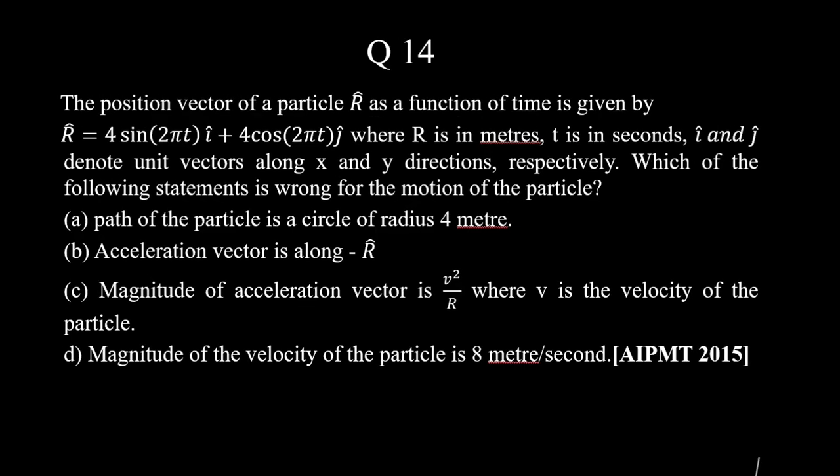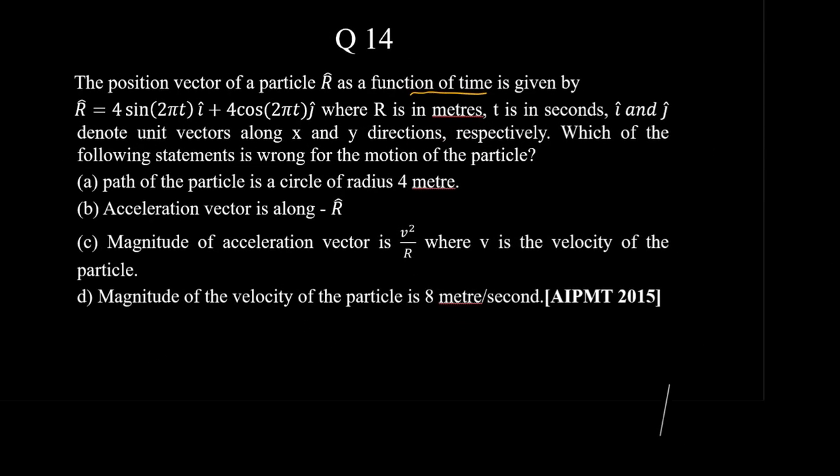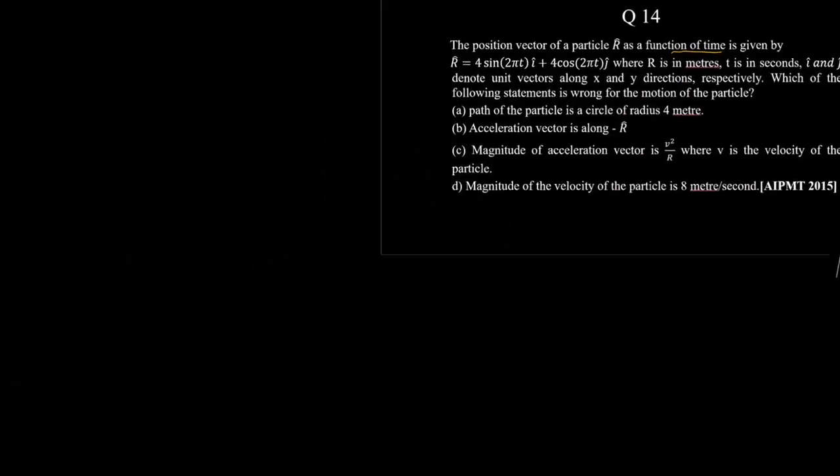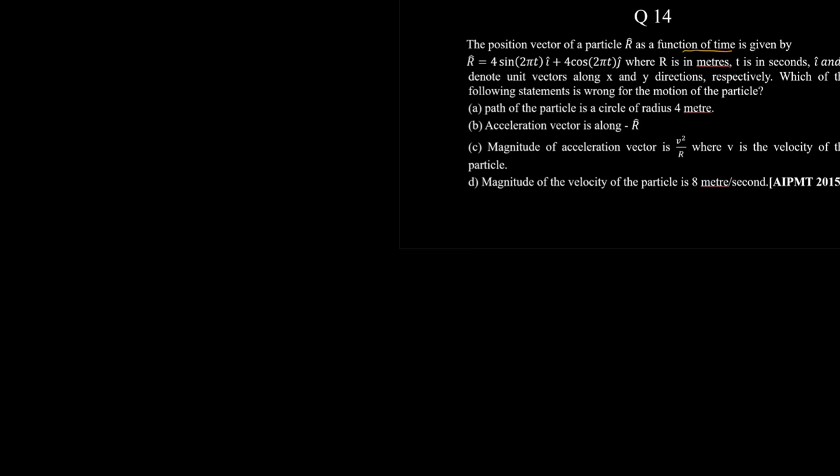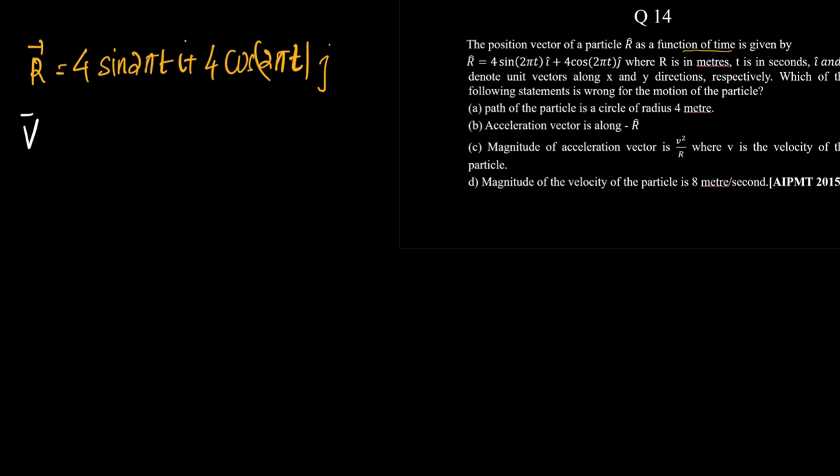The position vector of a particle r is given as a function of time as r is equal to 4 sine 2 pi t I cap plus 4 cos 2 pi t j cap. So if we are doing this in the examination hall, we should be doing it like this.